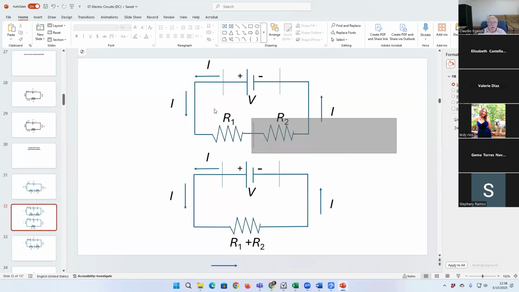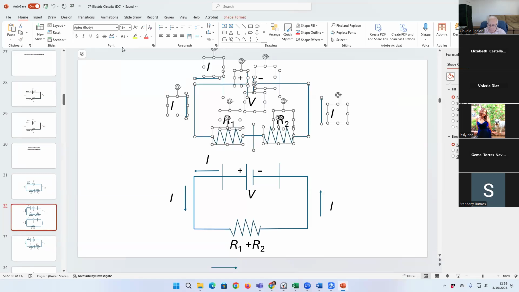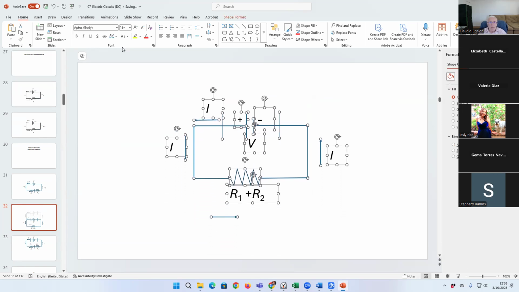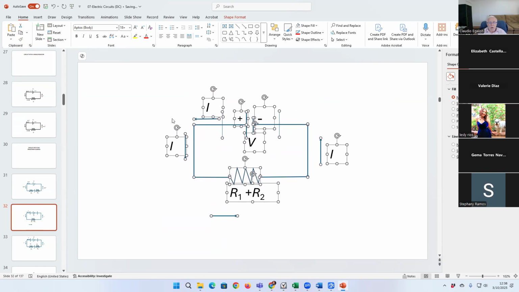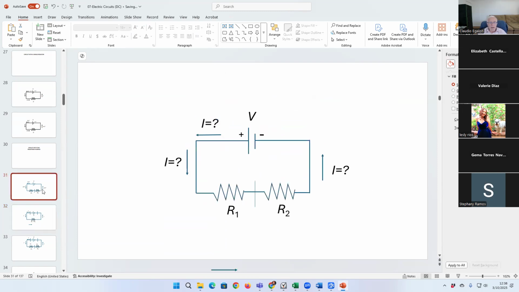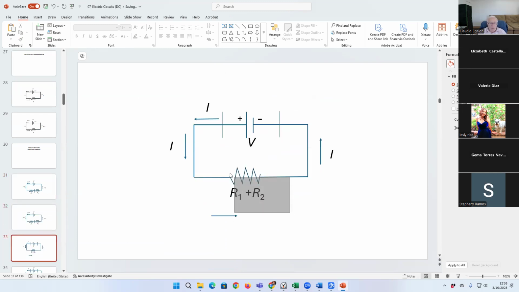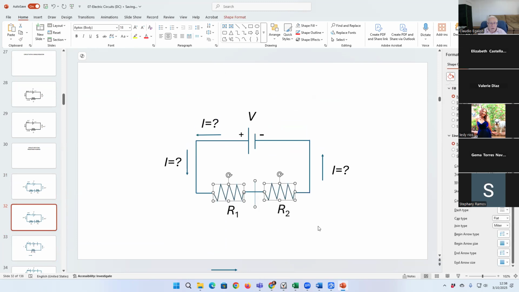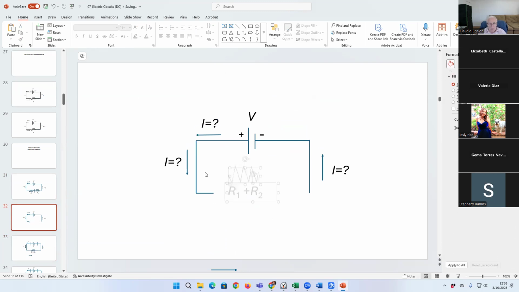Let me erase this one. You don't need that, it's too much stuff. And we can redraw it like that. So here you go. R1 plus R2 can be redrawn as a circuit with a single resistance.